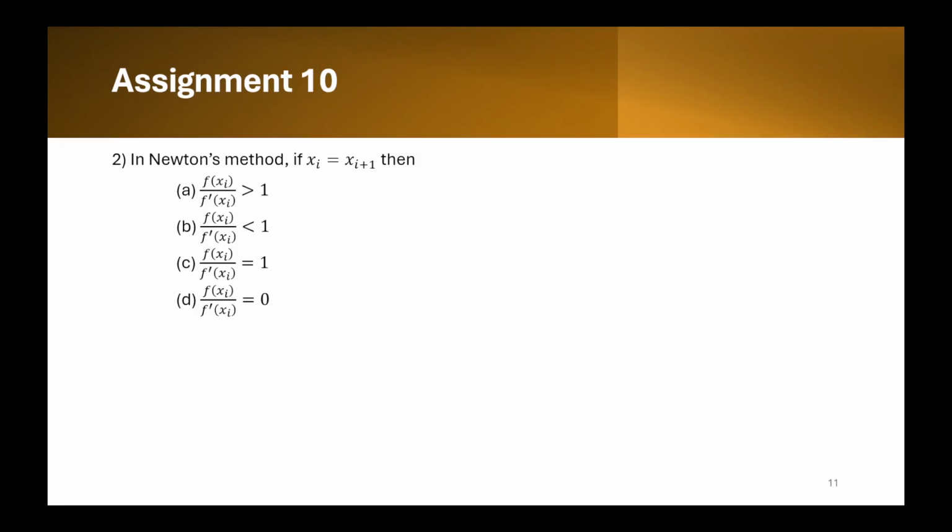Next question. In Newton's method, if xi is equal to xi plus 1, then is f(xi) by f dash (xi) greater than 1, less than 1, equal to 1, or equal to 0? What will be the correct answer here?